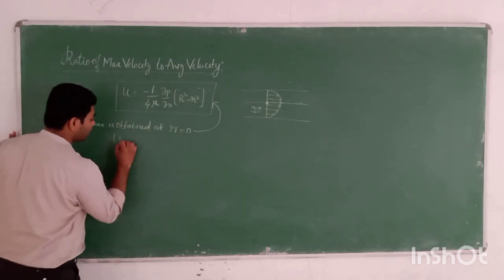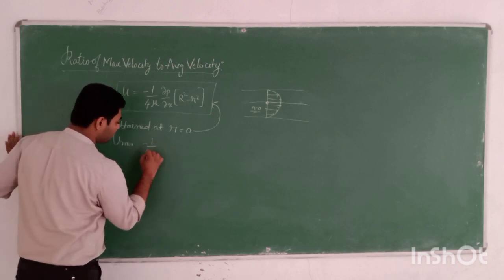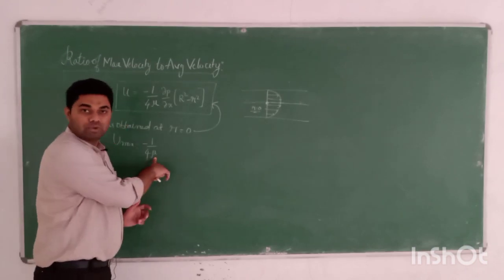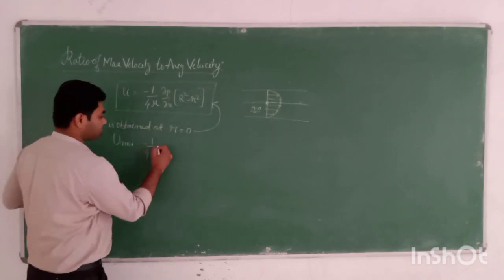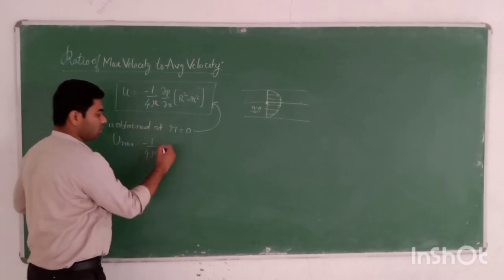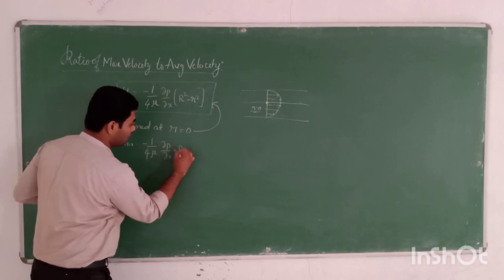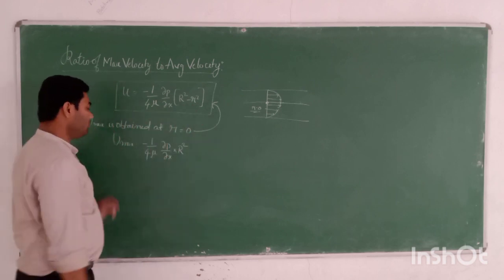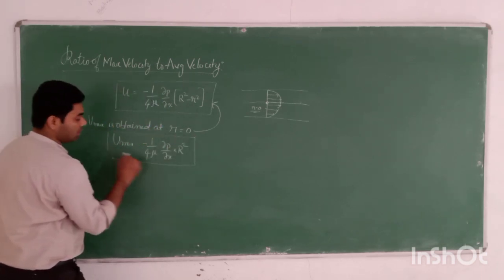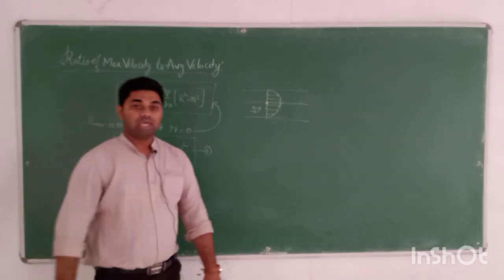That is U max is equal to minus 1 by 4 mu, where mu is the viscosity, delta p by delta x into capital R square, since small r is equal to 0. This is the equation of U max. Let it be equation 1.